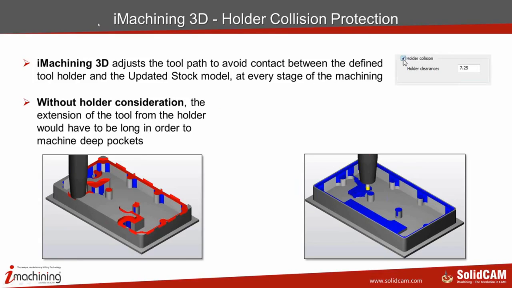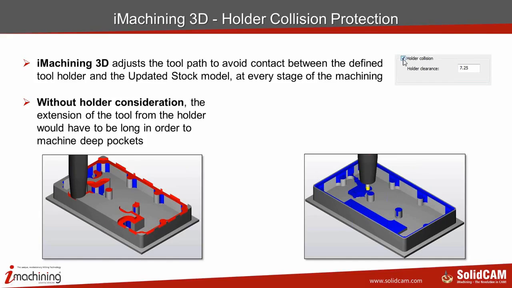Another important advantage of iMachining 3D is holder collision protection. If you work in iMachining 2D, as you see in the picture here to the left, and you do not take care that the holder is the right size for this operation, the holder could hit the wall. As you see here, all the red areas are ruined by the holder because you did not take the responsibility to take the right length of the holder.